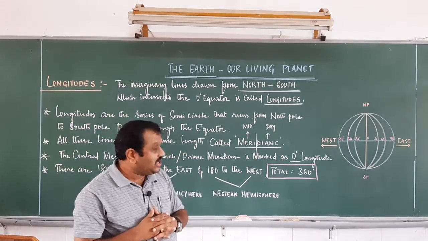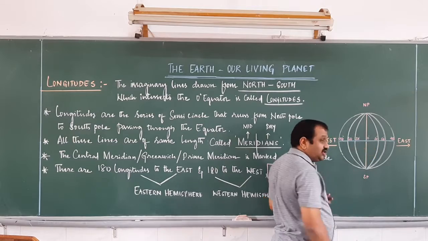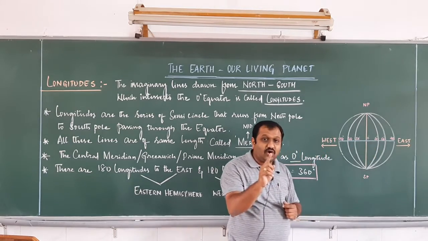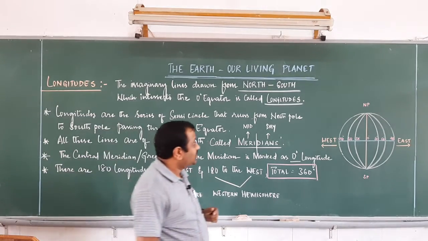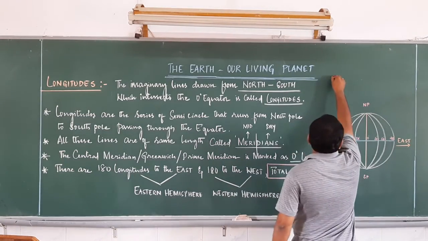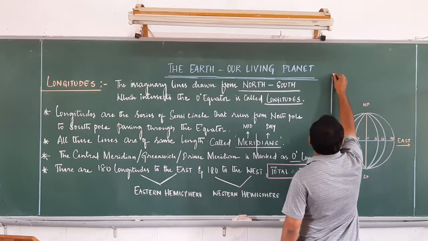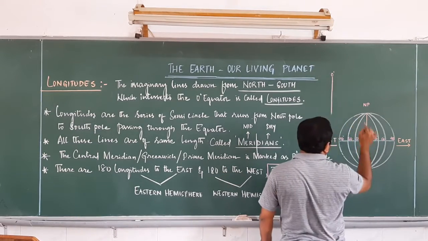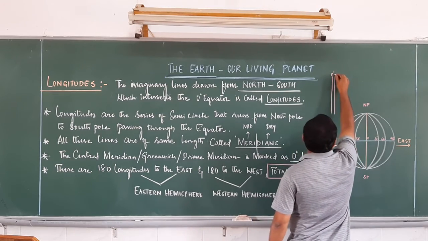So therefore, from one longitude to another longitude, there is a distance of 111 kilometers. If you take this as one longitude, I'll call this 0 degree, that is the central meridian. This is 1 degree.